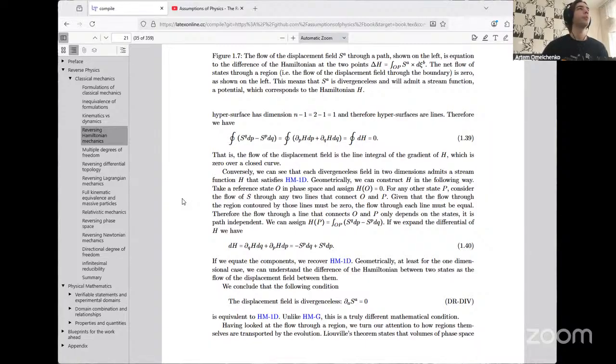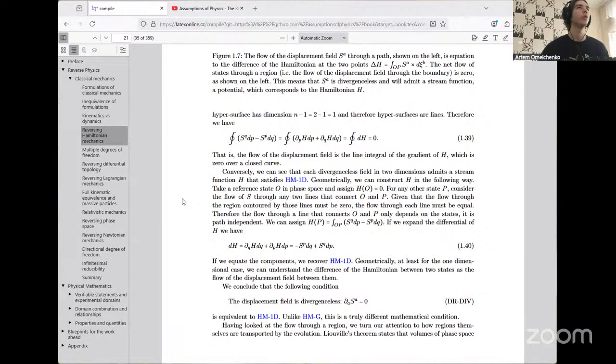And if we expand the differential of H, we have, using the chain rule, and there we use Hamilton's equations.